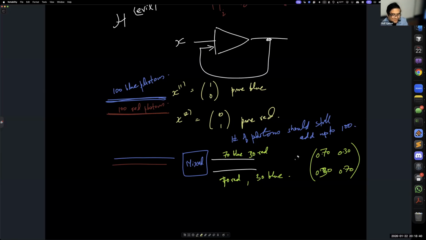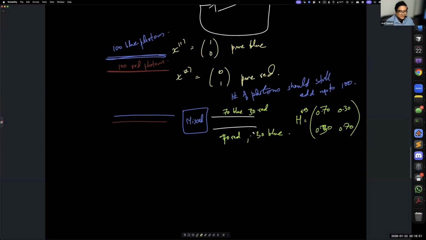So the mixer, let me call the mixer H res, is equal to this. You can see that it will work out. If you multiply this matrix with the red signal, red was what? 1, 0, or 100, 0. 100 red and 0 blue in the first channel.